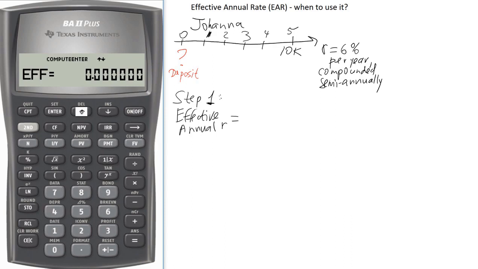Then press either up or down arrow key. Stop when you see compounding per year, C over Y. The default is 1, which is interest earned at the end of the year and no compounding in between. But this is what is now going to be changed to 2 to reflect twice per year. You press 2 and save it by pressing enter.